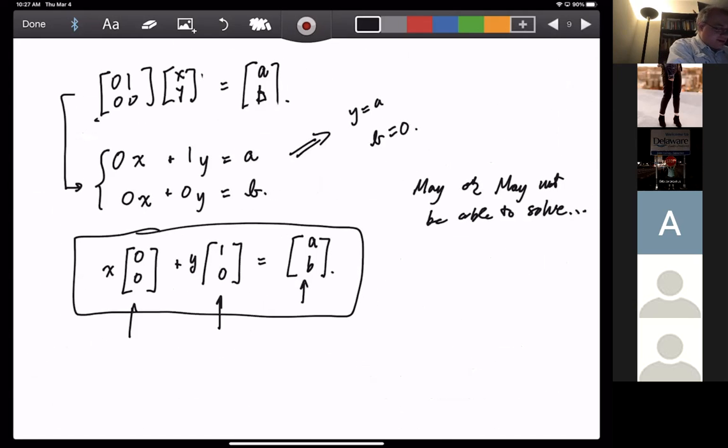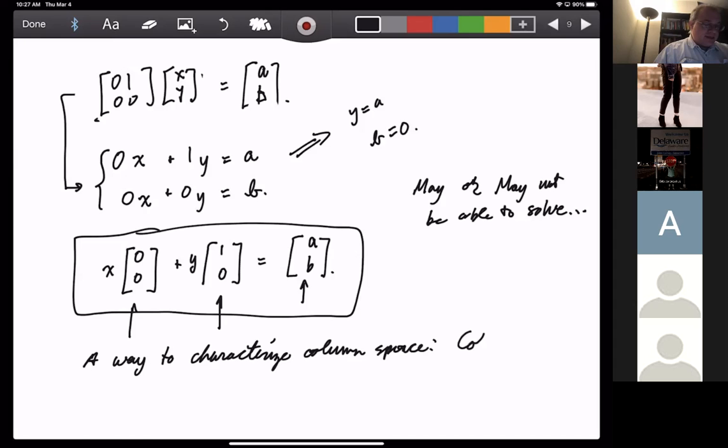And another way of characterizing the column space is that the column space of A, or the range of A, if you like, is the set of vectors b such that Ax equals b is consistent.